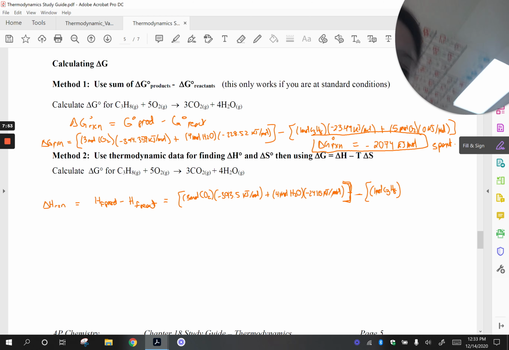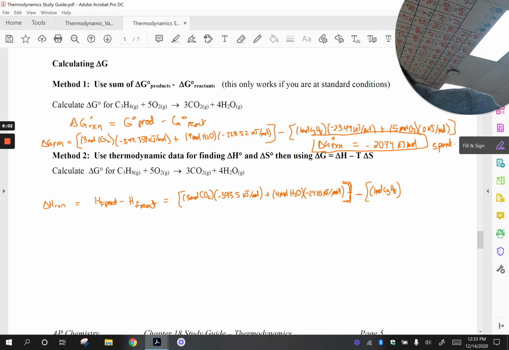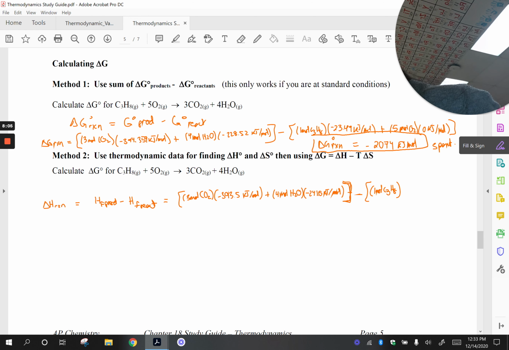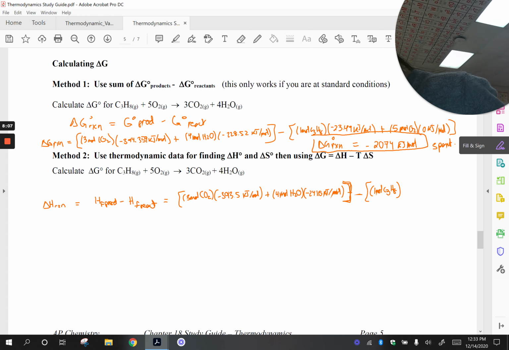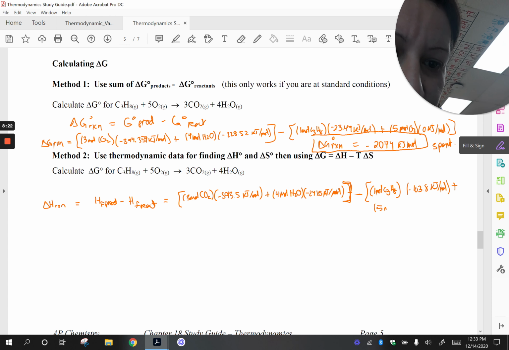And my value for that one is negative 103.8 kilojoules per mole, plus 5 moles of O2, and remember with delta H the value is 0.